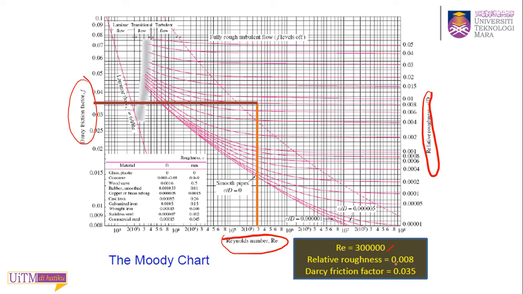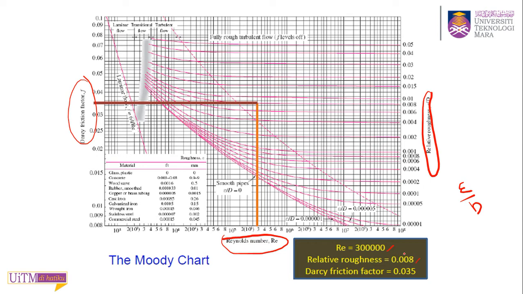That's why we need to refer to this Moody chart to get the friction factor. And let's say you have your relative roughness equal to 0.008. Whatever the material is, when you calculate, you get relative roughness, sigma over d, equal to 0.008.